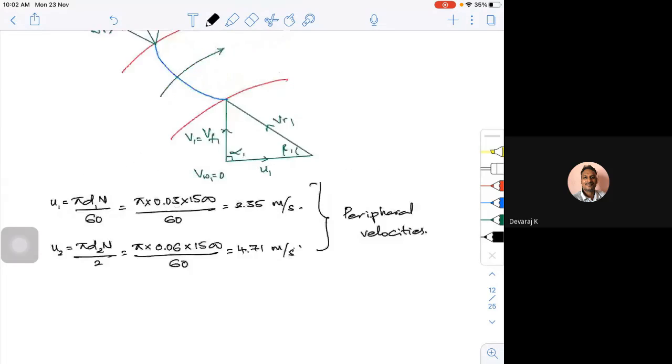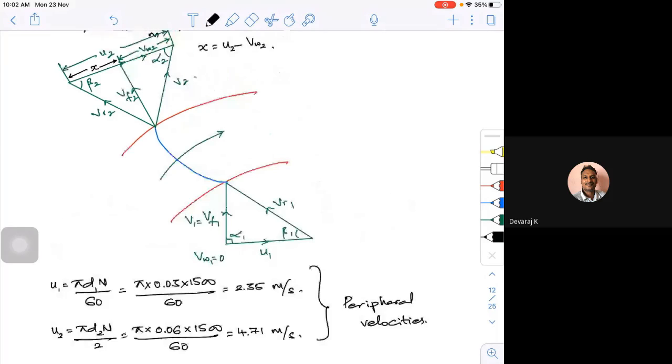Now let us consider the inlet velocity triangle. Let us apply the trigonometric principle here. Tan beta 1 is equal to Vf1 divided by u1. Either I can put V1 or Vf1 divided by u1.